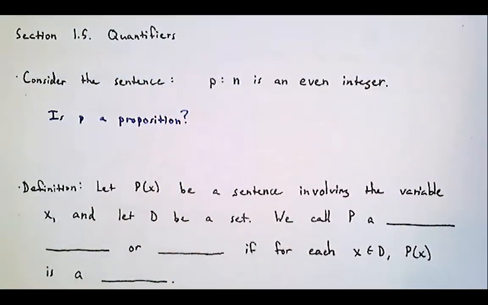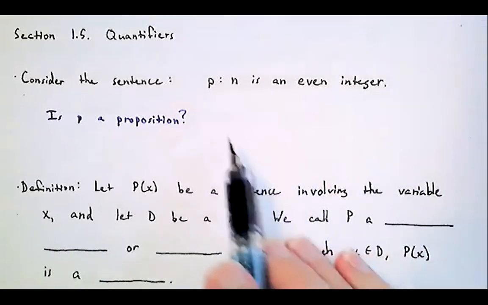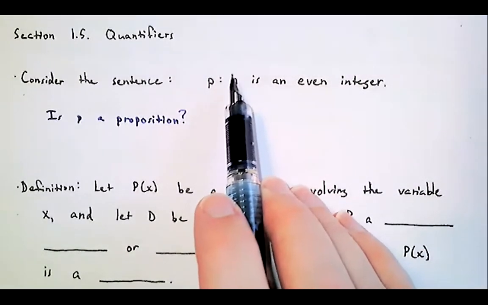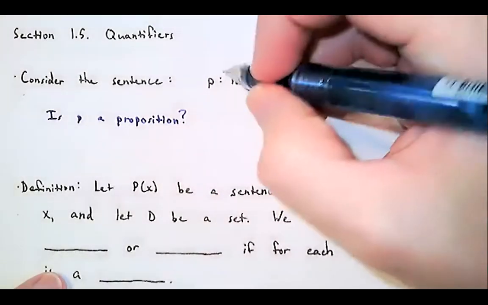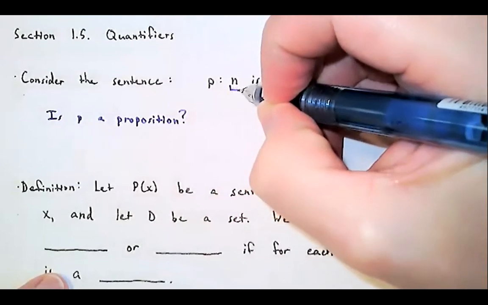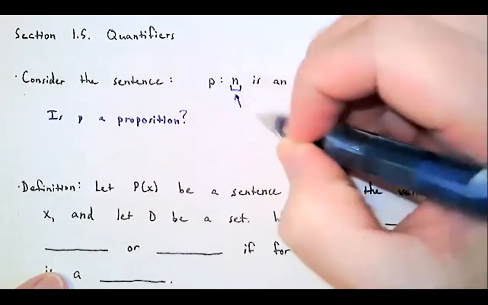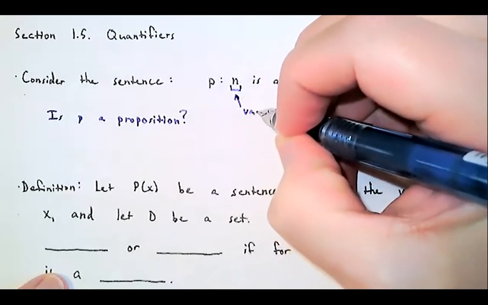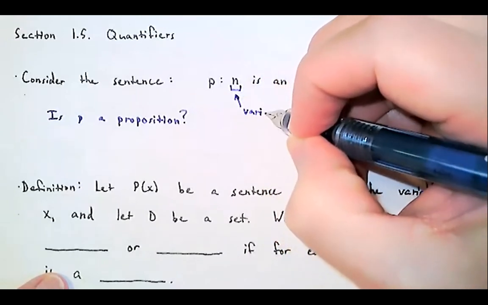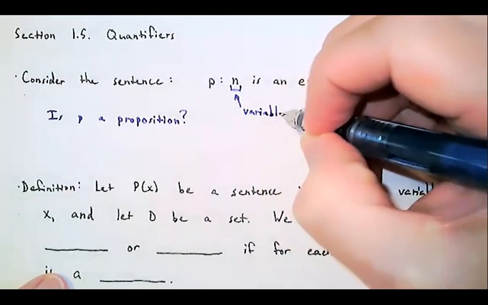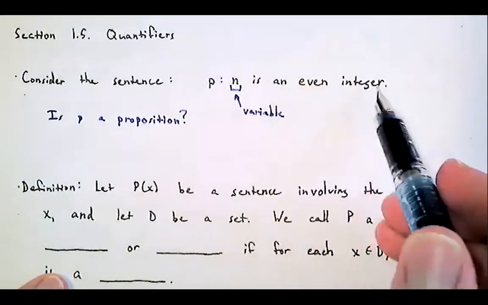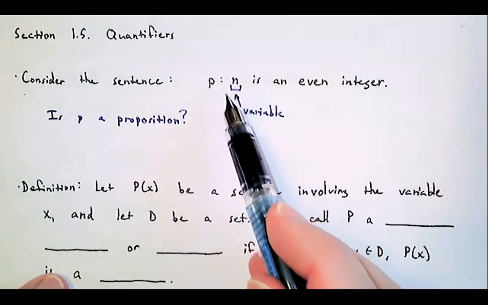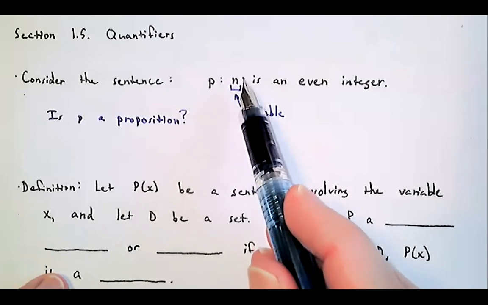Okay, so it definitely looks a lot like a proposition, but look at this character n. So n is a variable. Right, so the truth value of this sentence depends on the value of n.